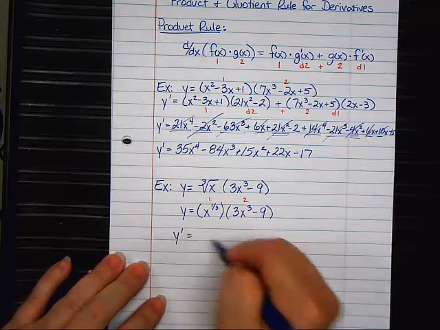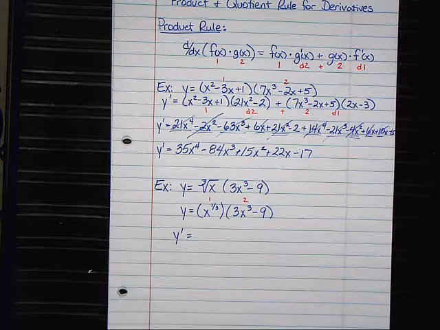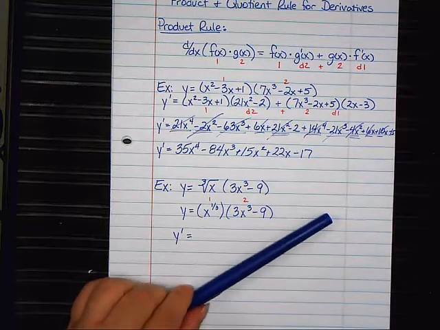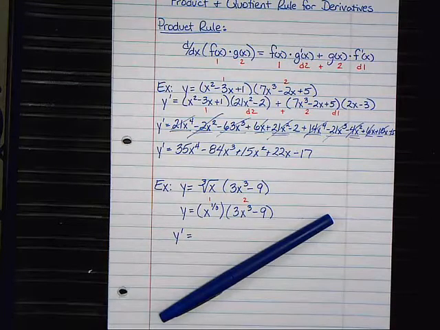Y prime equals. You try the first step. One d2 plus 2d1. Don't try to clean it up, just do the first step.